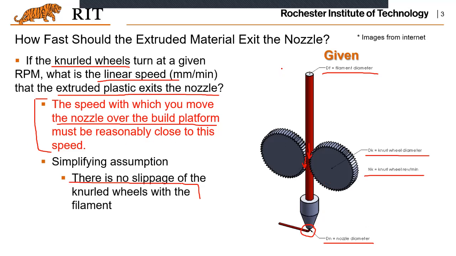Our ultimate goal is to figure out the linear speed for the material exiting from the nozzle, right? And first of all, let's compute the speed at which this knurled wheel will drive the filament to be fed into the nozzle. So let's figure out this first.